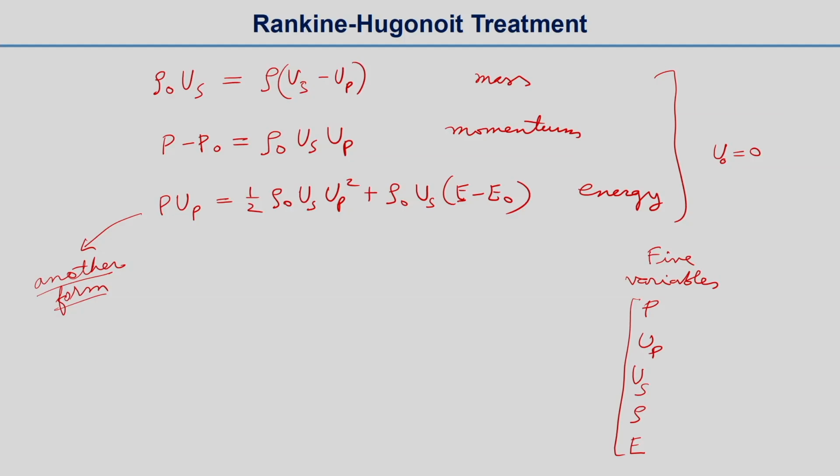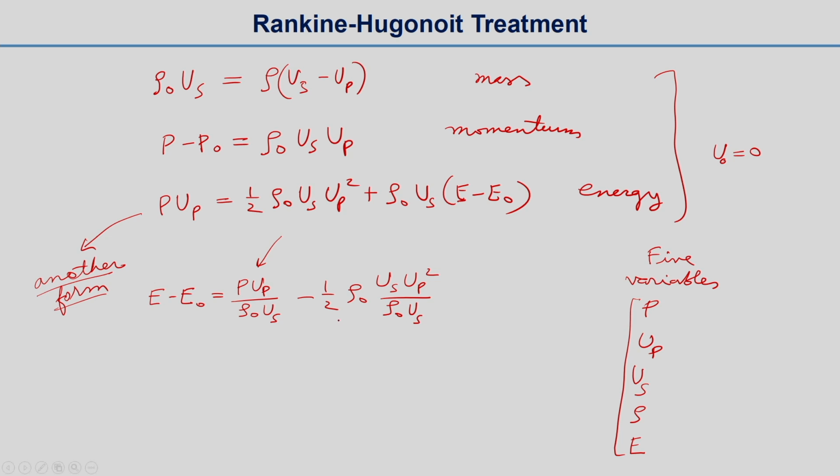Before that, we want to see the other form of this energy equation, which is more common. We will go a little quickly. If you want to simplify, E minus E naught is equal to P Up over rho naught Us, minus half of rho naught Us Up square divided by rho naught Us.